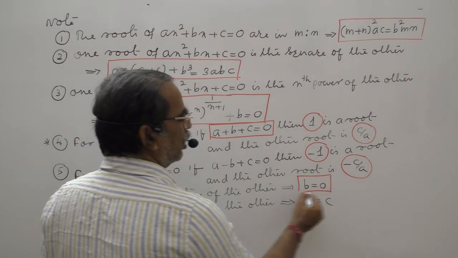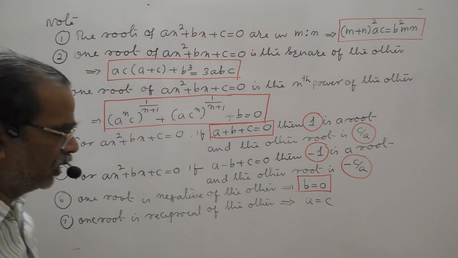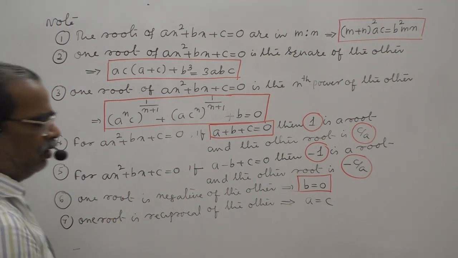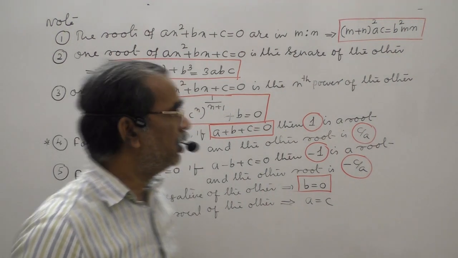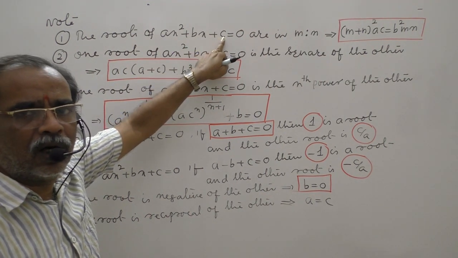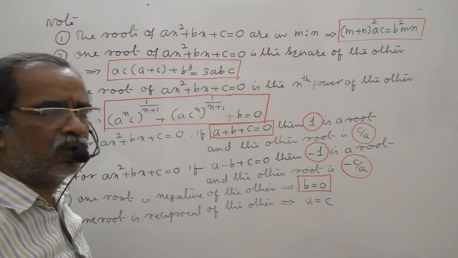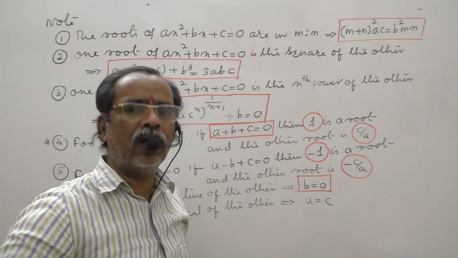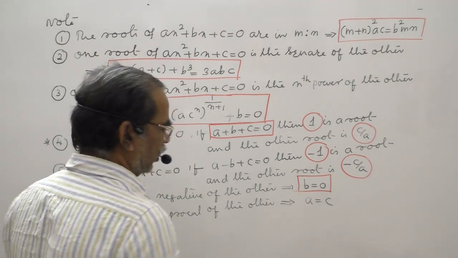That is, if one root is 2, the other root is minus 2. And if A is equal to C, the x square coefficient and constant are equal, then you will get two roots which are reciprocals of each other.